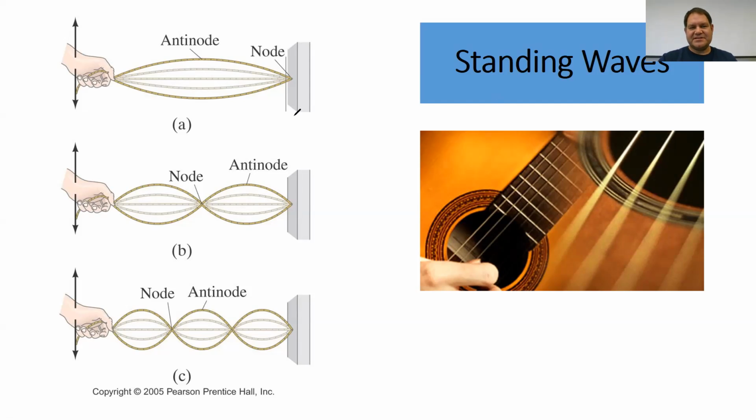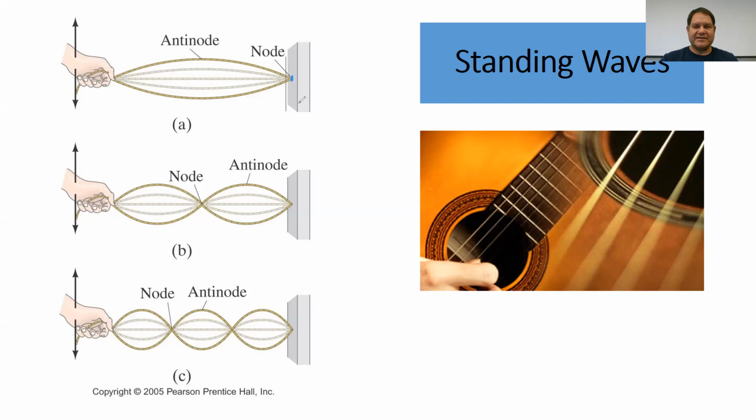So essentially, let's demonstrate a standing wave by using a rope that you see in this diagram. Let's say you take one end of the rope and you hold it, and the other end of the rope, you're going to tie it to a wall. So this end is in a fixed position, okay?